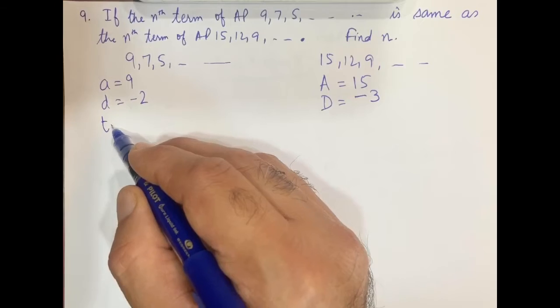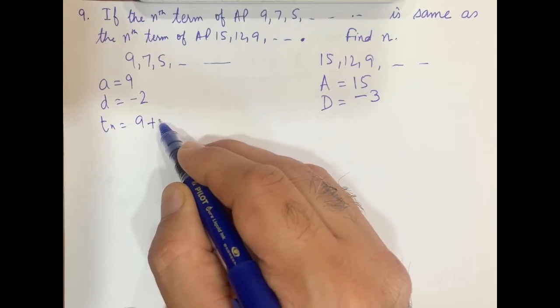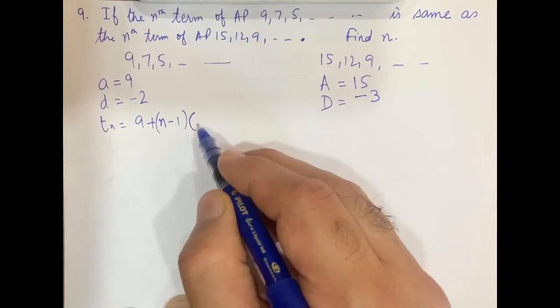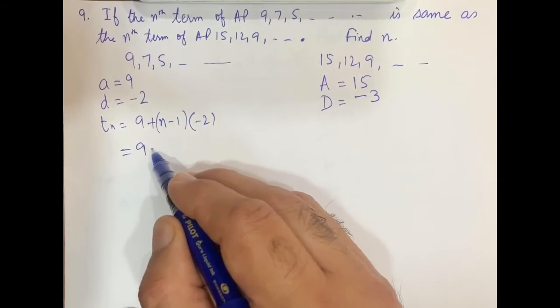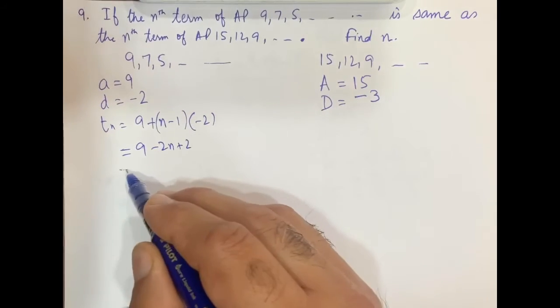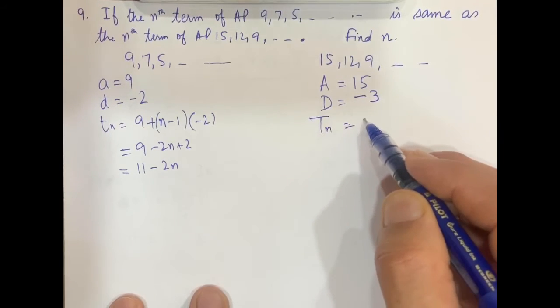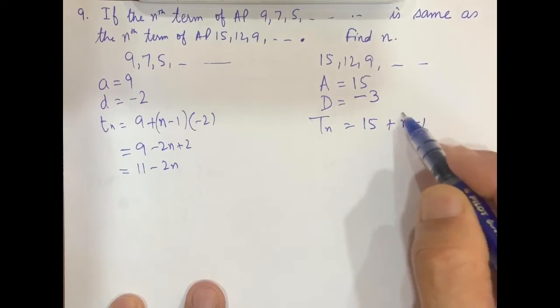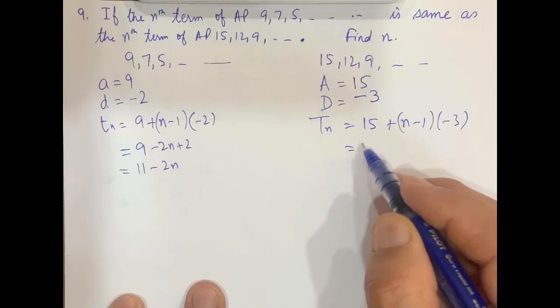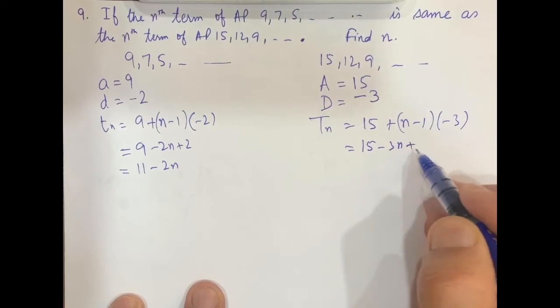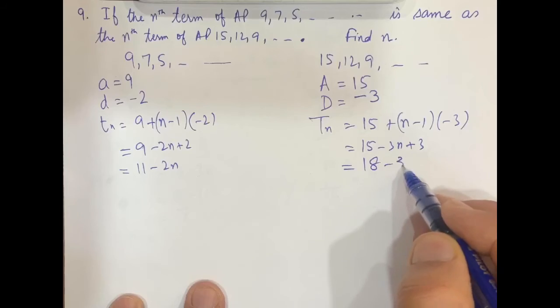We find out nth term of this, it's a plus (n minus 1) into d. This is 9 minus 2n plus 2, it's 11 minus 2n. Similarly, we find out nth term here, which is 15 plus (n minus 1) into minus 3. It's 15 minus 3n plus 3, 18 minus 3n.